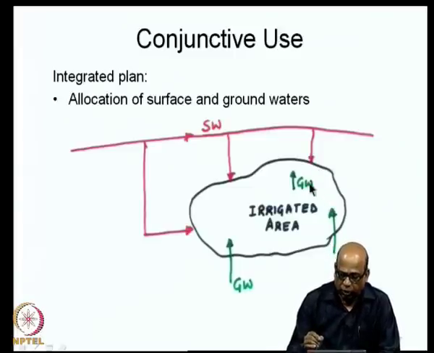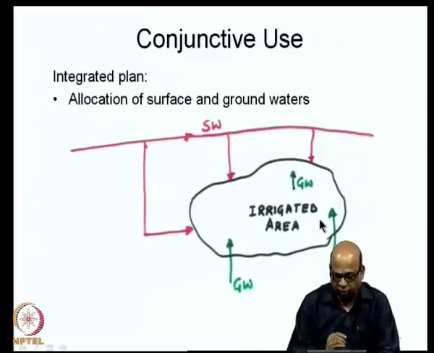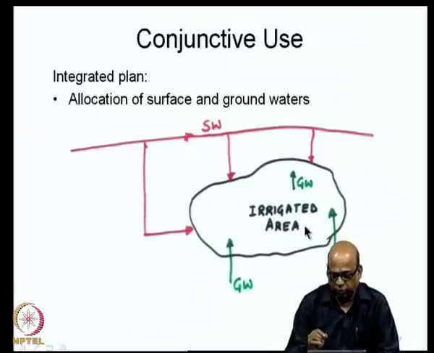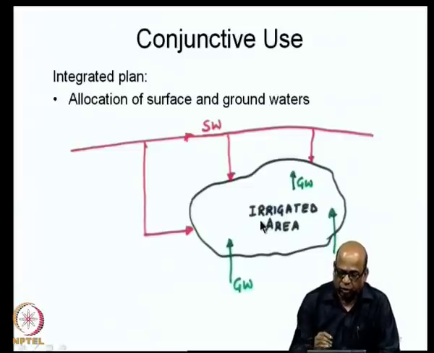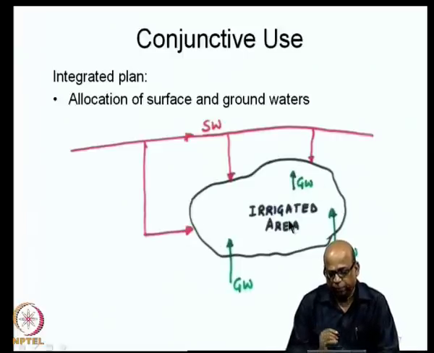You need to decide how many such wells are necessary in this irrigated area and what is the level of pumping that you need to do from each of these wells across each time period within a year, such that along with the surface water source, you are able to meet the demands to the best extent possible. So, that is the decision that you need to make.